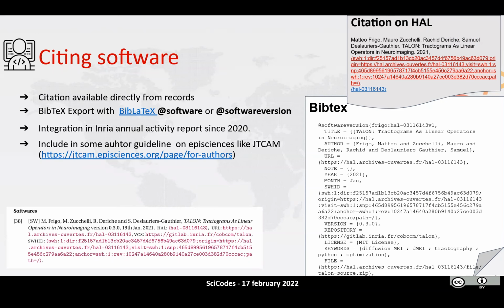And Hervé, you've got your hand up. Yes. So I have two questions for you. The first is, can you give an estimate of how many different software have been registered and cited using that so far?